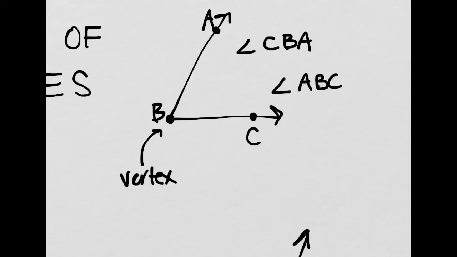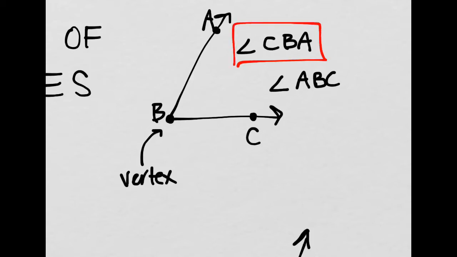So with geometry, what we're going to find is that direction matters a lot. So for angle CBA, we start at C and we go to B, and then we come over to A, and that's our angle. If we were to come at angle ABC, we'd start at A, come down to B, and come over to C. Now, do you see that's the exact same angle, right? Well, what if I said, hey, I want you to find angle BCA?